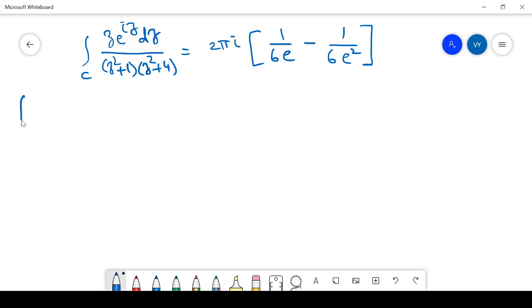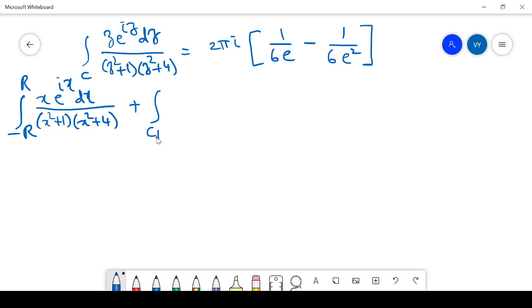Before that, I will write the integral from minus R to plus R, because it lies on the real axis, of x e power ix dx by (x squared plus 1) into (x squared plus 4), plus the integral over CR of f of z dz.